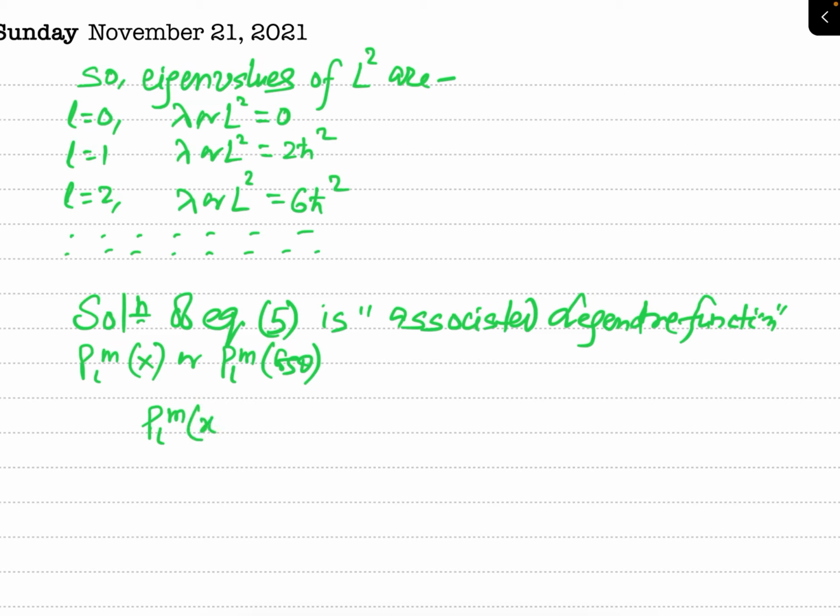PLM of x, you have seen in the course on special functions, is equal to (1 minus x square) to the power mod m over 2, times d mod m by dx mod m of PL of x.